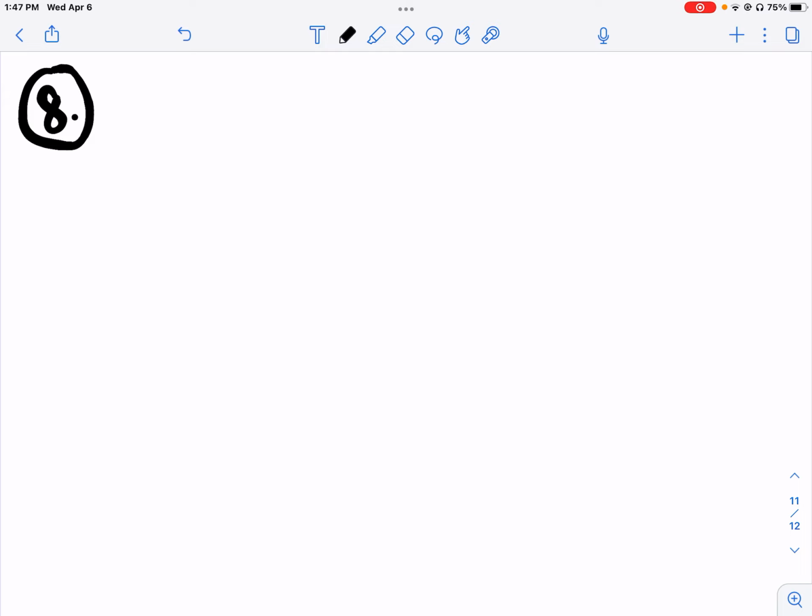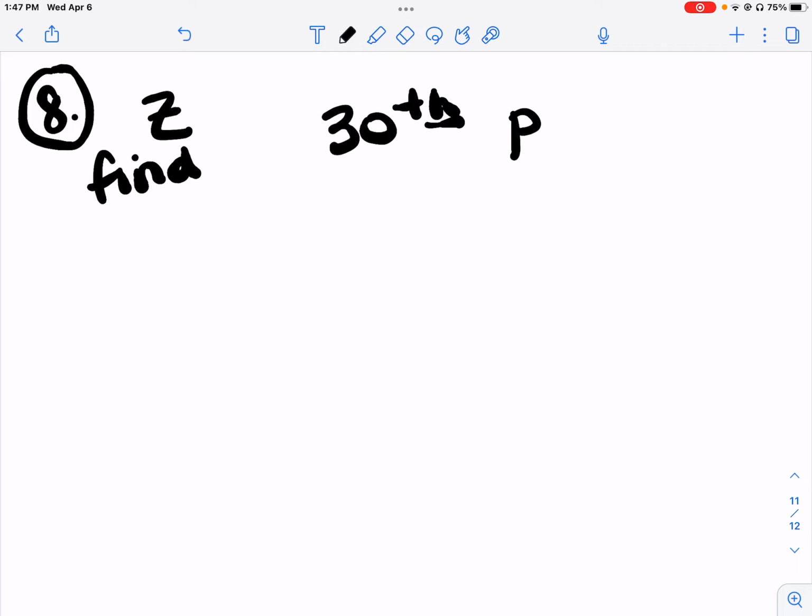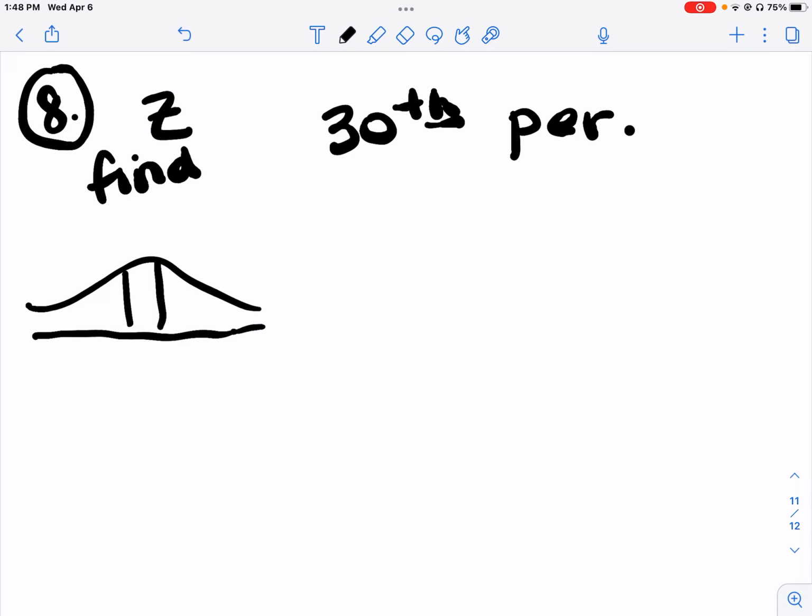Okay, number 8, find the z-score. Find z, 30th percentile. 30% is less than 50%, so we know it's here. Okay, so we know z is going to be negative.